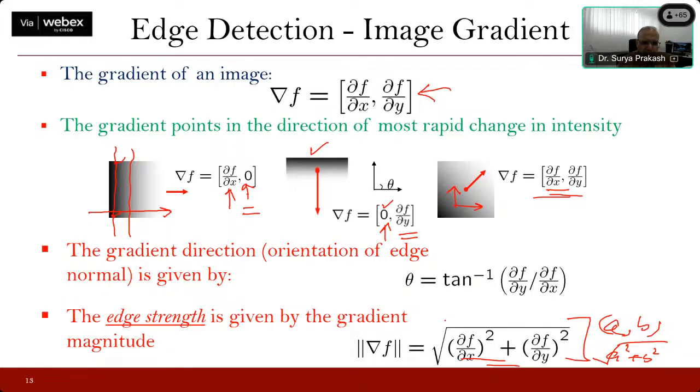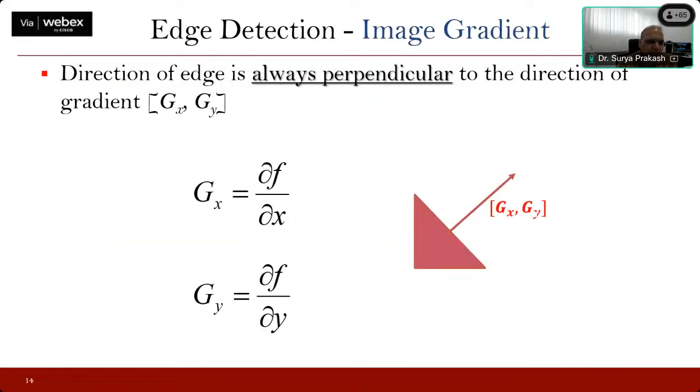Whenever you have to detect the edges, you first compute the gradient, as you're seeing here, and then on the gradient you compute its magnitude and direction both, and with the help of that you can get a lot of information about the image. Here is one example where we are showing the gradient direction in an image.